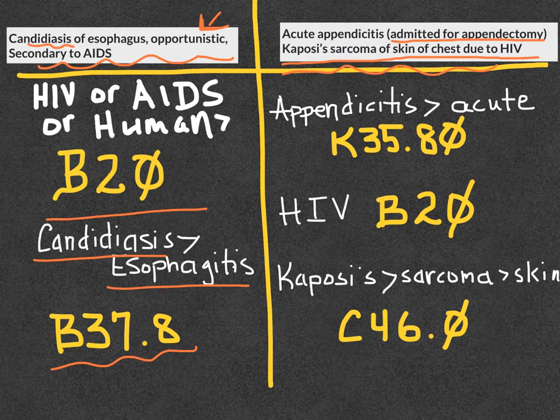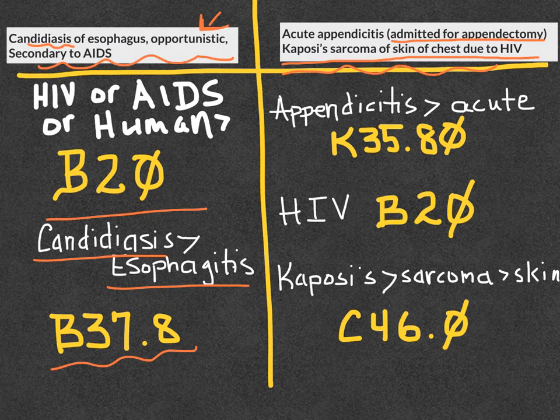If it's directed at an HIV-related condition, B20 will always go first as your primary diagnosis. If the treatment, in this case the appendectomy, is focused upon something other than the HIV-related condition, then we will code that condition first and then still be sure to bring in that B20 code as a secondary diagnosis.